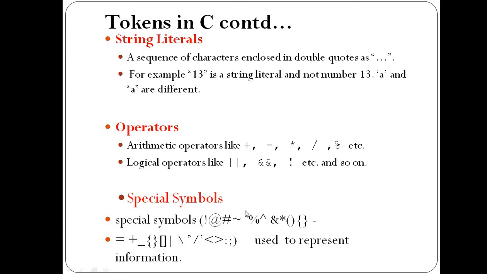They are basically used to represent information in C programming. So special symbols are also one of the units used as tokens in C, which are used for writing programs.